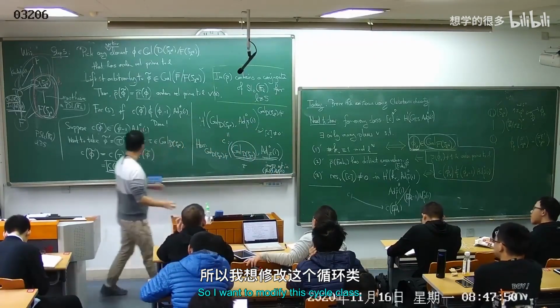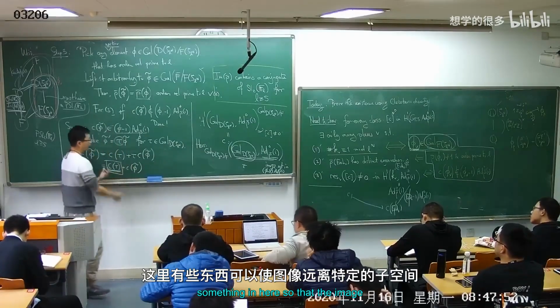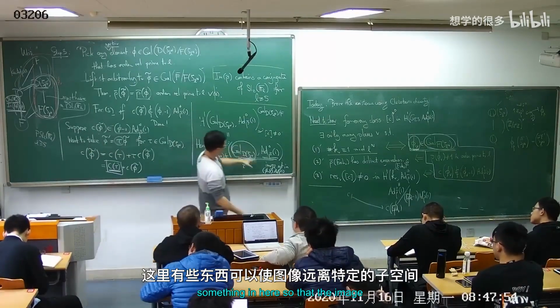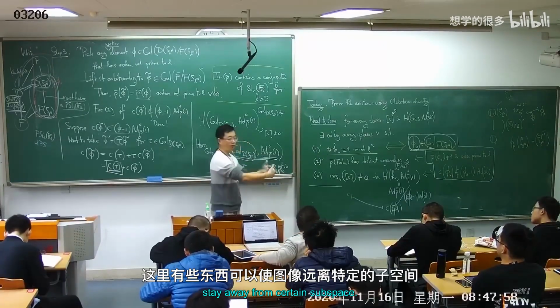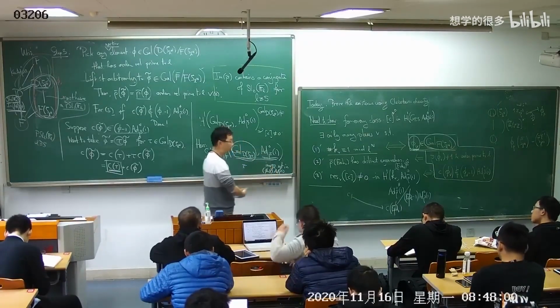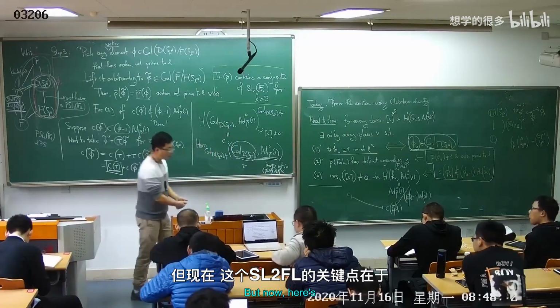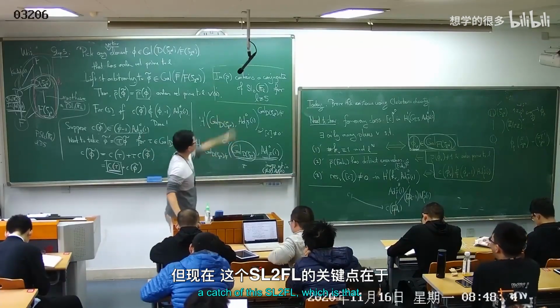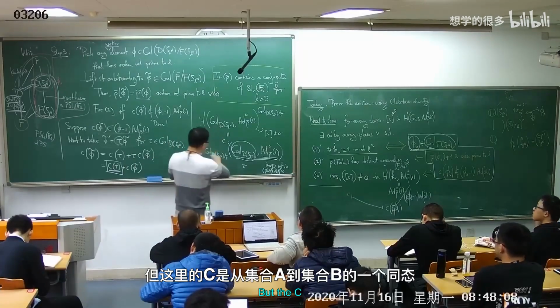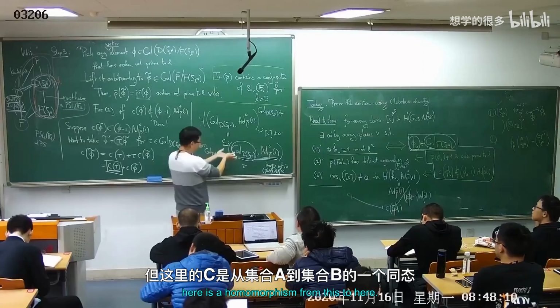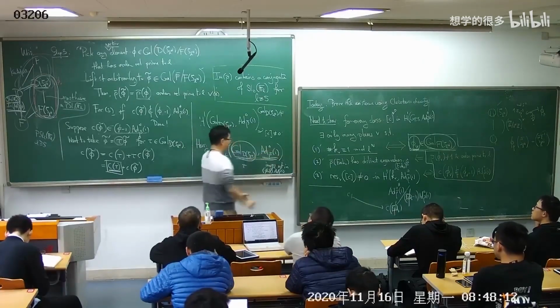So I want to modify this cycle class by something in here, so that the image stays away from a certain subspace. But now here's a catch of this SL2FL, which is that the C here is a homomorphism from this to here.